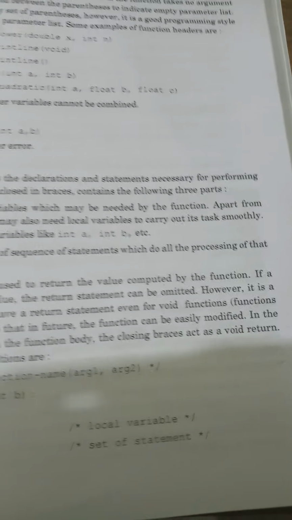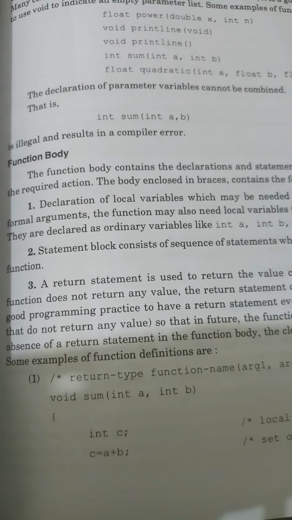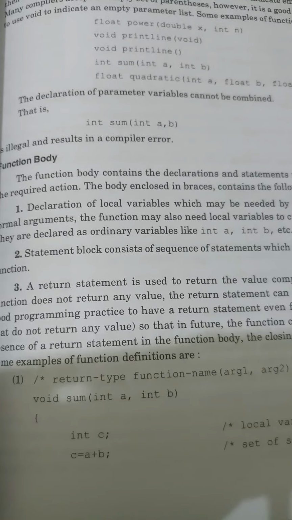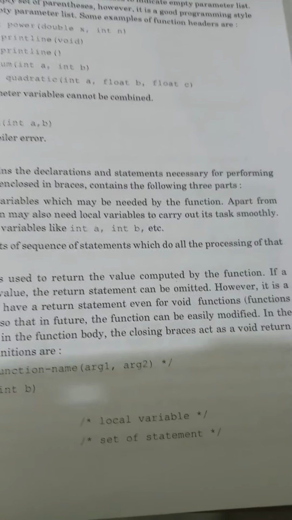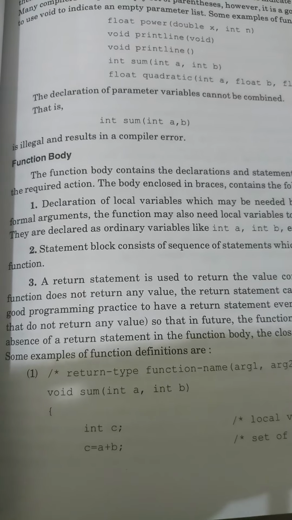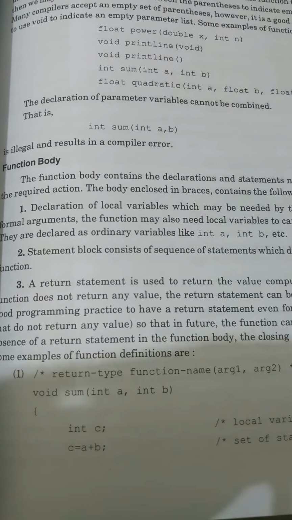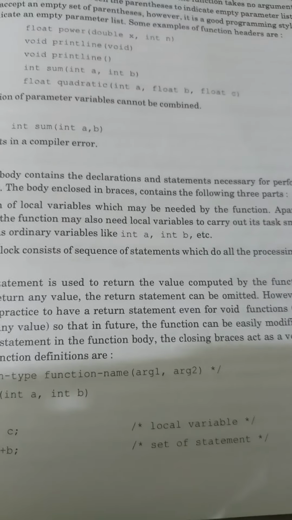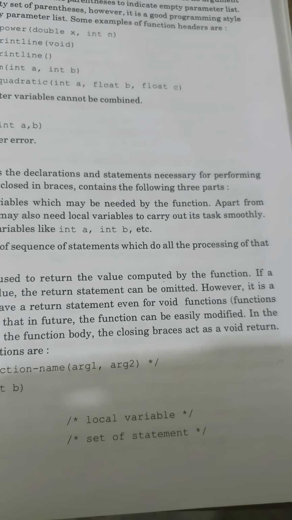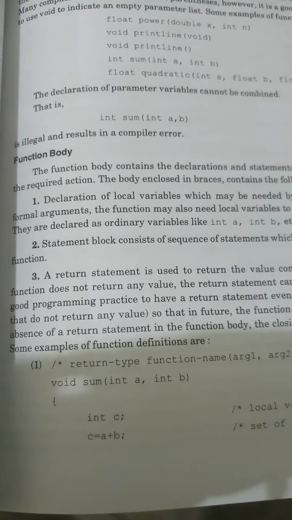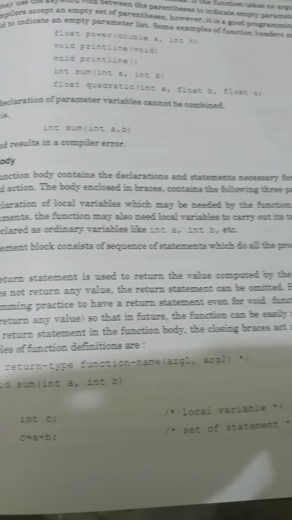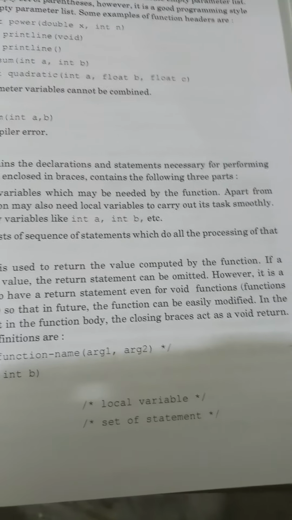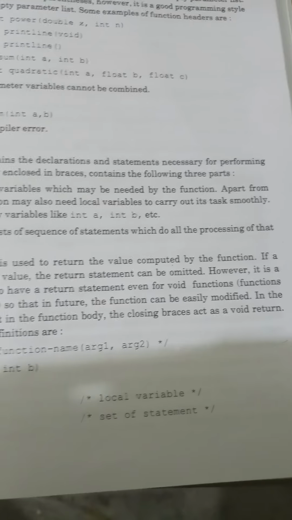However, it is good programming practice to have a return statement even for void functions that do not return any value, so that in future the function can be easily modified. In the absence of a return statement in the function body, the closing brace acts as a void return.